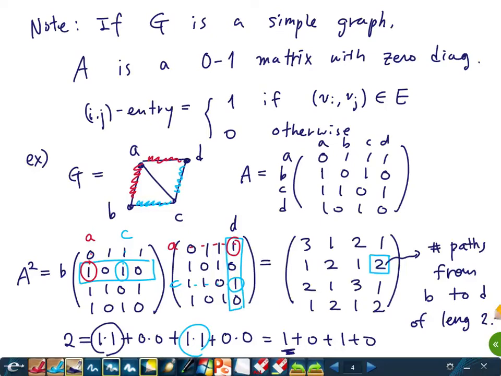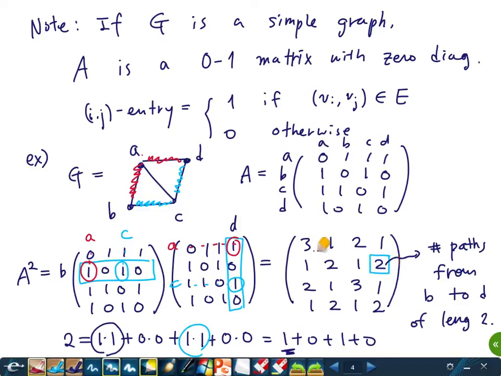Length 2 means we use 2 edges. Like over here, this is a path from B to D using 2 edges. As you can see, there are only 2 ways of doing that, right? And that's the number over here. It's not a coincidence. It's true for every entry.